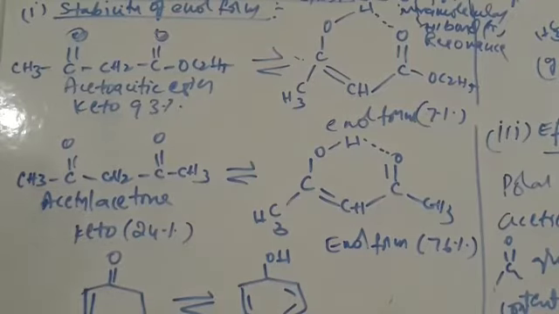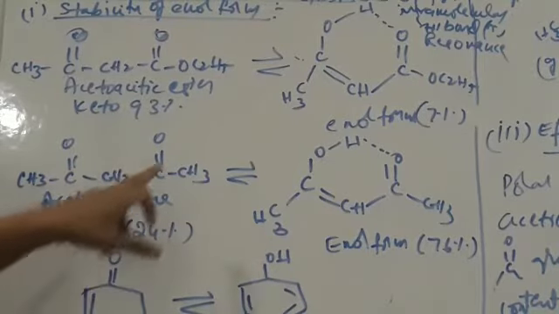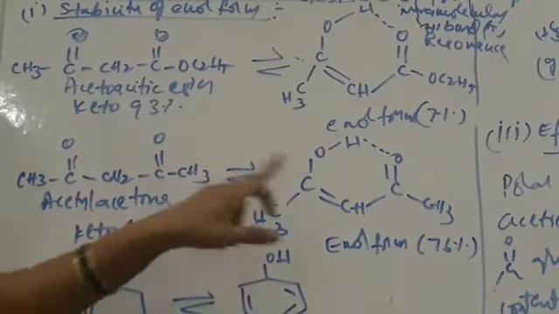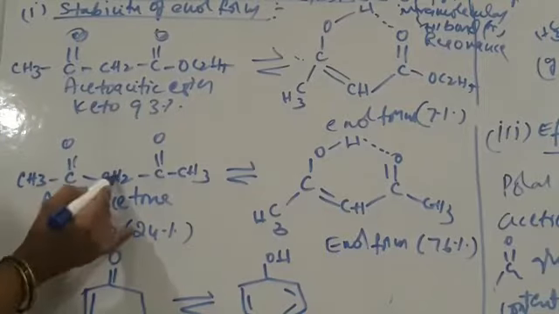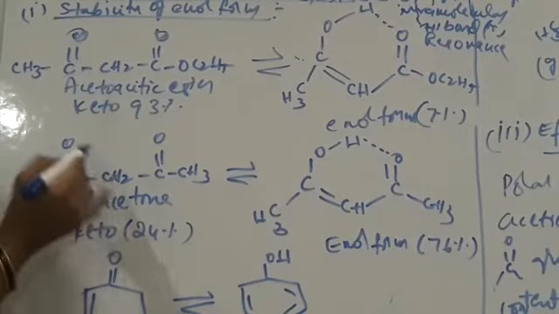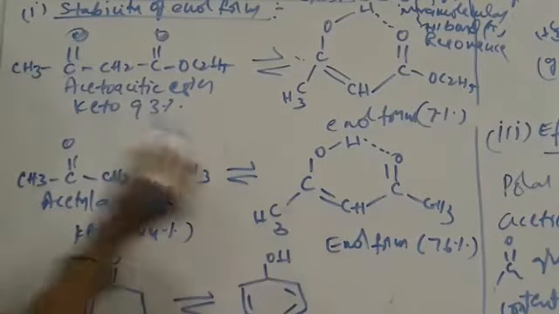This is in keto form, in equilibrium with its enolic form. Here also 1,3 migration takes place. Hydrogen from this polyvalent atom migrates to the third polyvalent atom, so we get the enolic form.